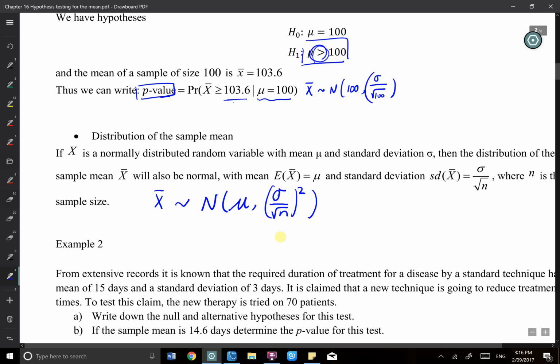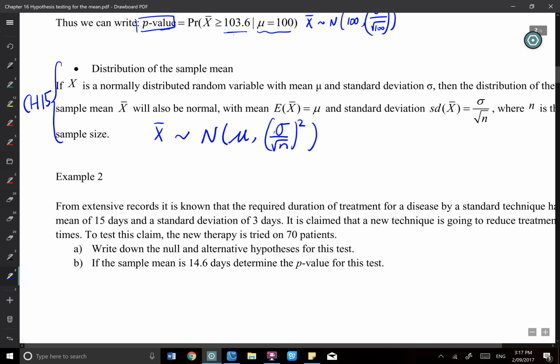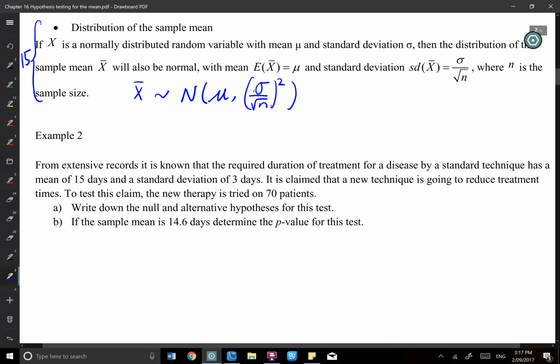That's the notation. You just use this fact again.